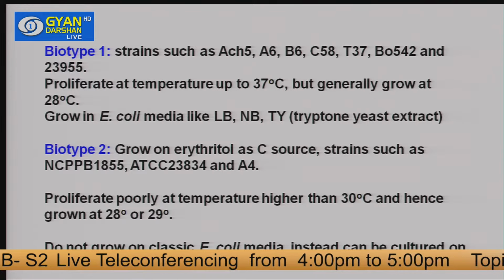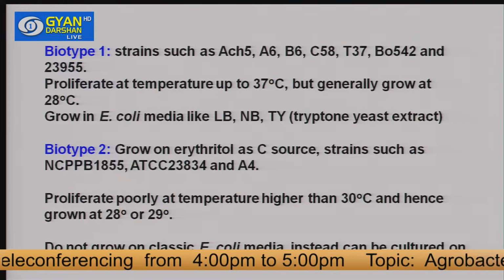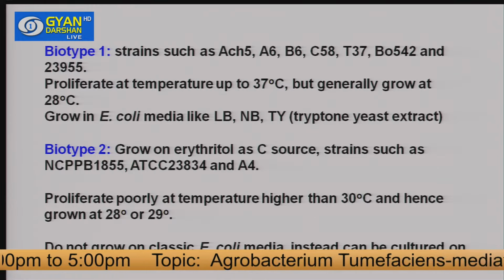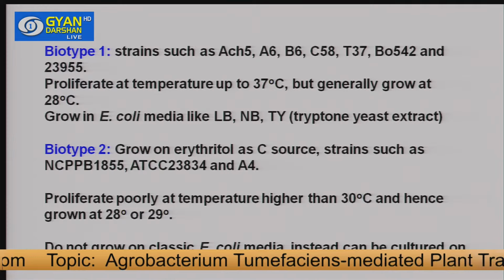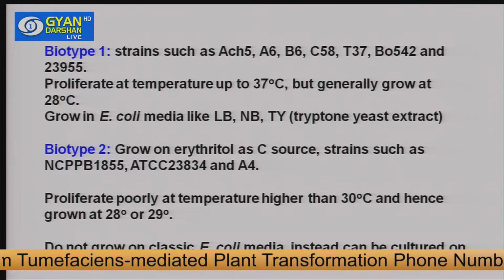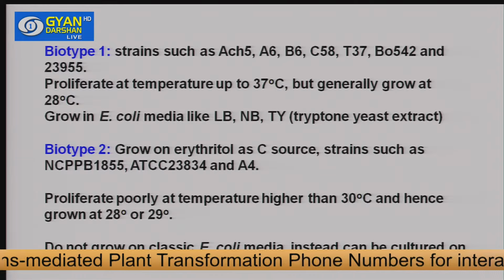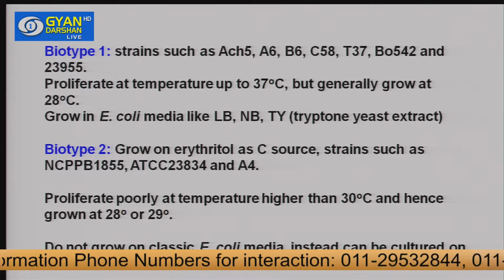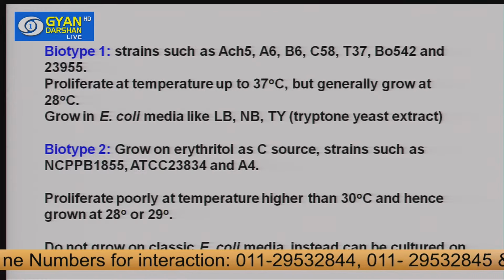Now, in case of biotype 2, they have a different requirement. They grow on erythritol as a carbon source, and such strains, like NCPPB 1855, A4, etc., normally proliferate poorly at temperatures higher than 30 degrees centigrade.